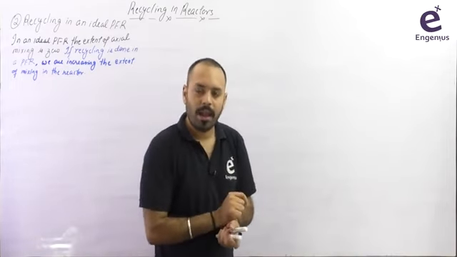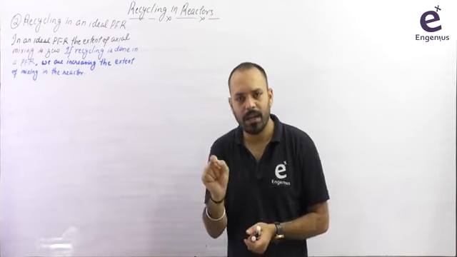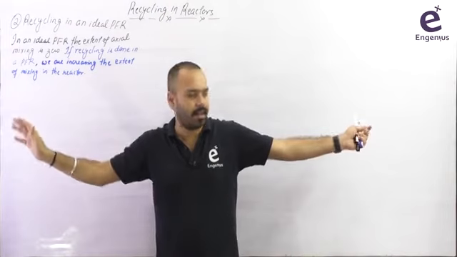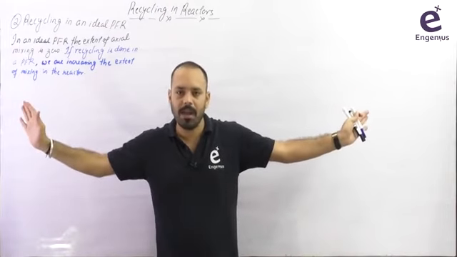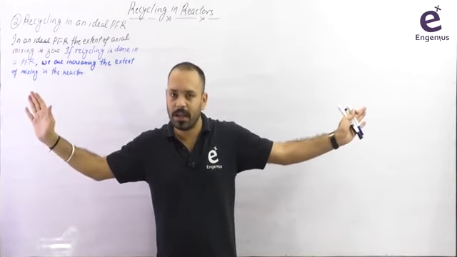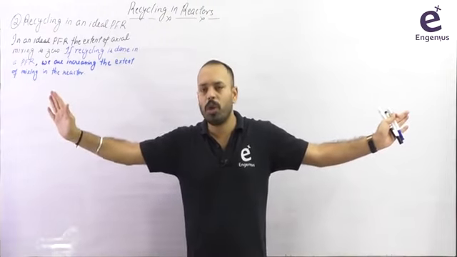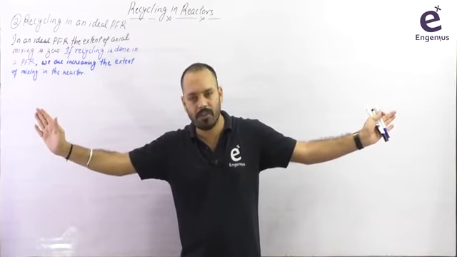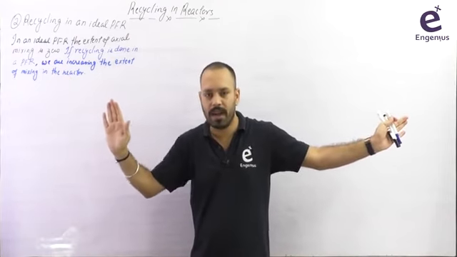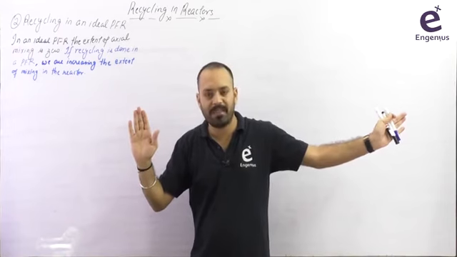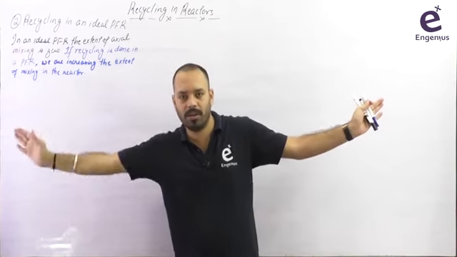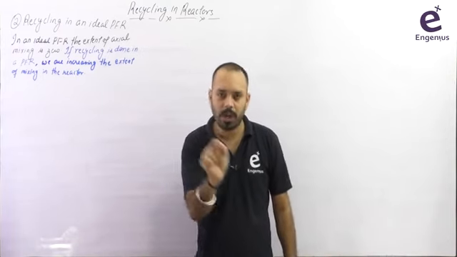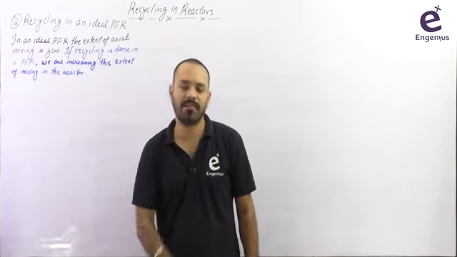What do you think? In a PFR, if you do recycling, suppose these are the two ends of the world. This world is PFR with 0 mixing. This world is CSTR with infinite mixing. If you are recycling in a PFR, means you are doing some mixing. And if you are doing some mixing, it means that from this end of the world, you have started traveling to this end of the world. And now if you have some mixing in the PFR, you are not here, you are present here. Means a little bit of CSTR character will be introduced in the PFR. That is the effect of recycling in a PFR.